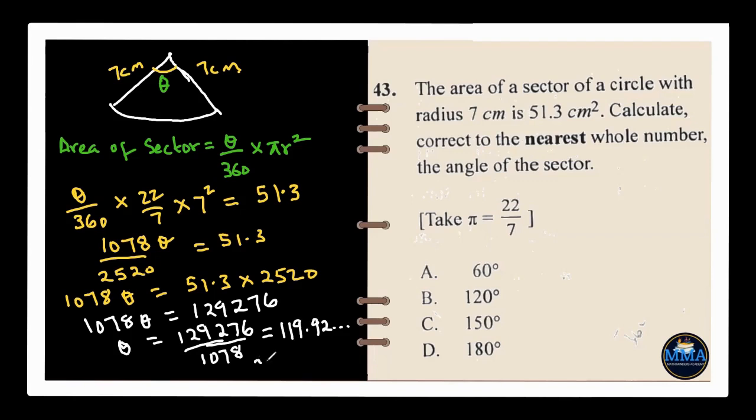But because they said our answer should be written to the nearest whole number, it's going to be 120 degrees. That's the value of theta. So when we check the option, that will be option B. So we tick option B and proceed to question number 44.